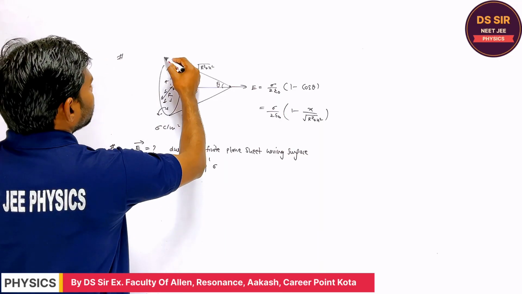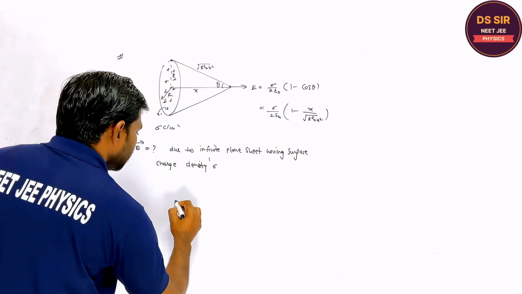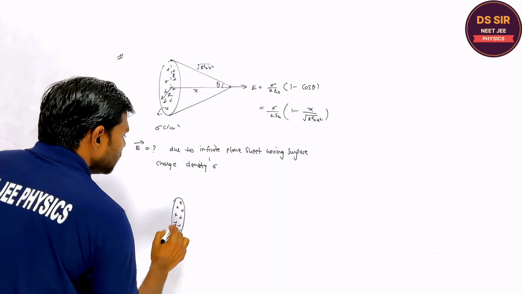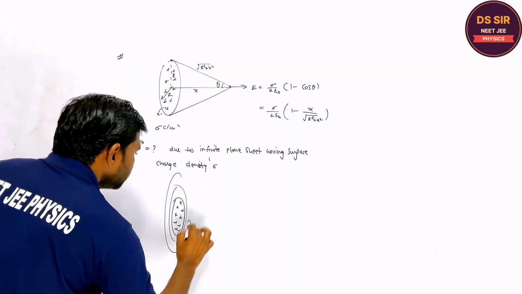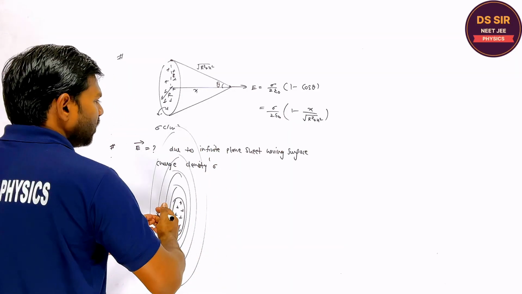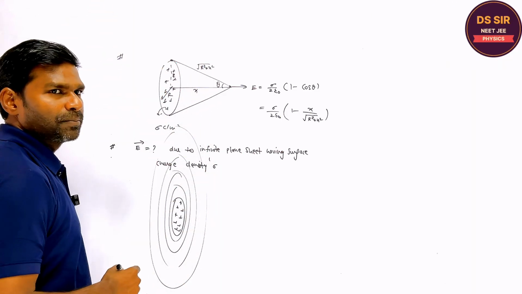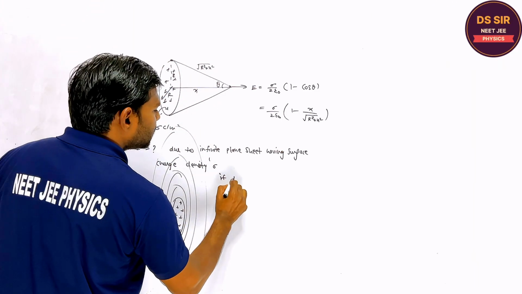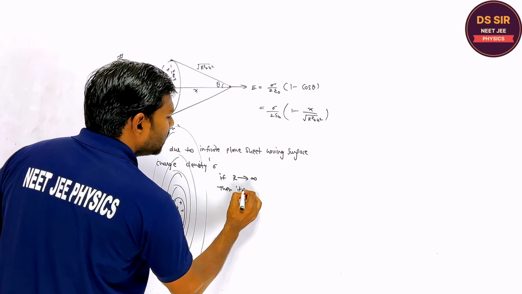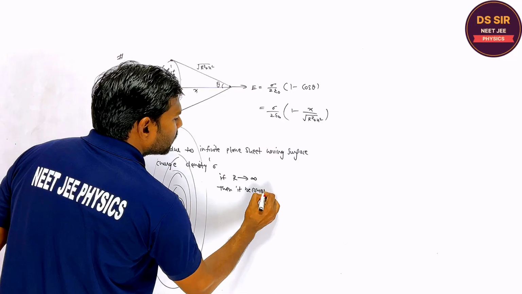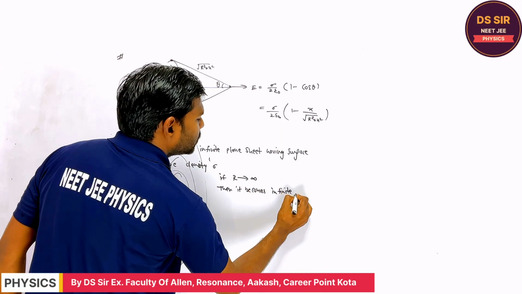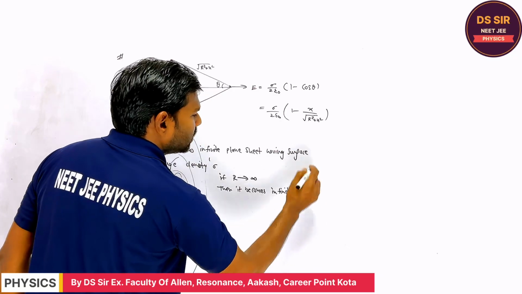If this ring increases its radius like this, if this is the initial ring, so this is the disk. If you increase the radius, if the radius is tending to infinity, then it becomes an infinite sheet. You understand or not?